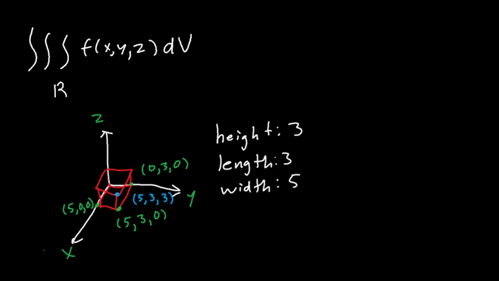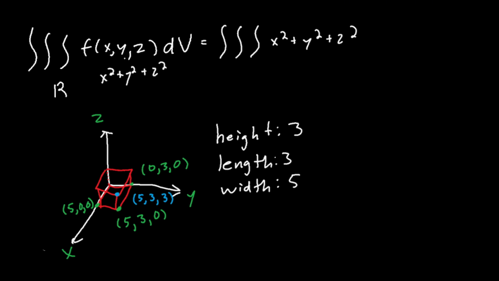So what can you do here? Well, if you want to take a triple integral of some function over a rectangular prism like this, all you have to do is integrate over your region. So set this up, and let's just say our function is x squared plus y squared plus z squared, something very simple. You would set up your triple integral like this: x squared plus y squared plus z squared.